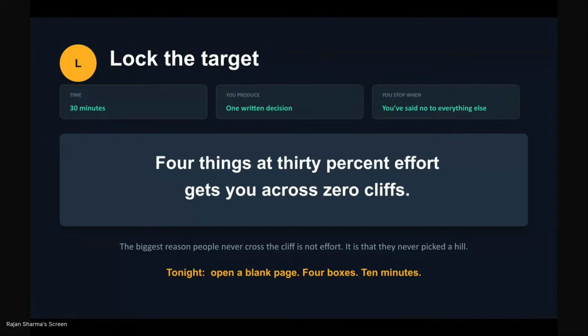The single biggest reason people don't get across the cliff is that they never pick a hill. They are learning four things at 30% effort each. Four things at 30% get you across with zero effect. So you need to learn how to filter. This is very important, because if you start splitting your effort across multiple things, then you will never achieve 100%.